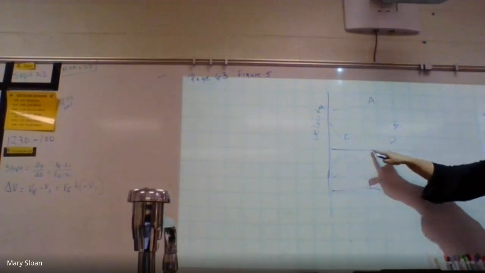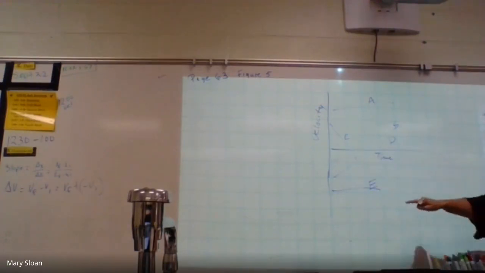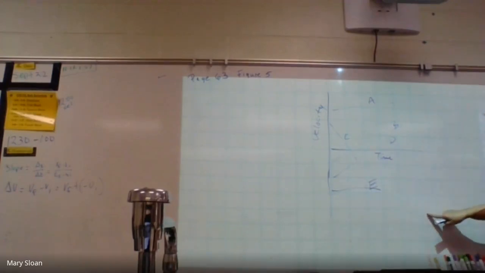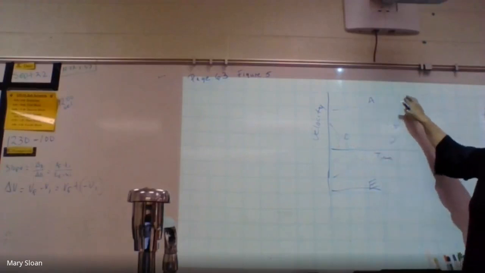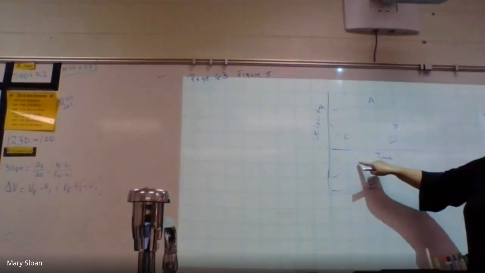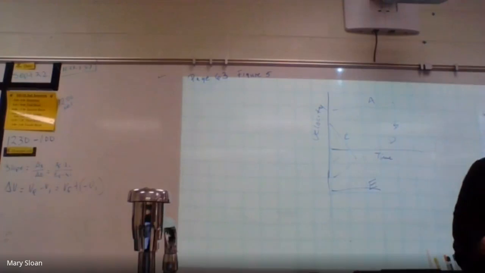This person here has the constant velocity, right? This one here, what do they have? A constant velocity. What's going up here? They're accelerating. What's C doing? Deaccelerating. What's D doing? Accelerating.